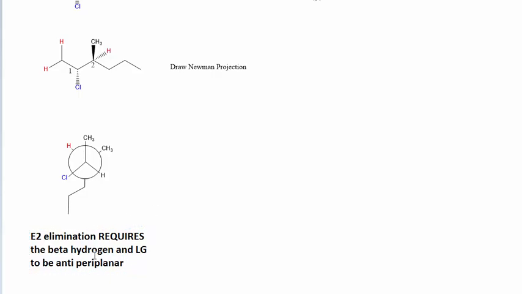It means they're on opposite sides of the molecule, but periplanar you're probably not so familiar with. It just means that they must be located within the same plane. So in this case, we have our Newman projection, and you should remember from a few units ago what anti means in the context of Newman projections.